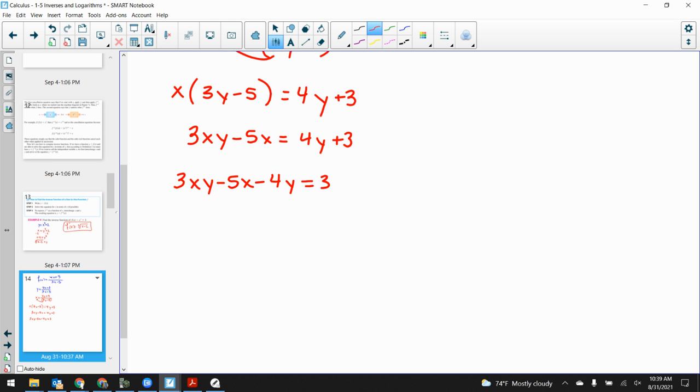And I'm going to move the 5x to the right side, just to get all the y terms alone. So that's going to give me 3xy minus 4y, and on the right side, 5x plus 3. You could say 3 plus 5x, but it doesn't look weird. Anybody see what I can do with my y values on the left side?